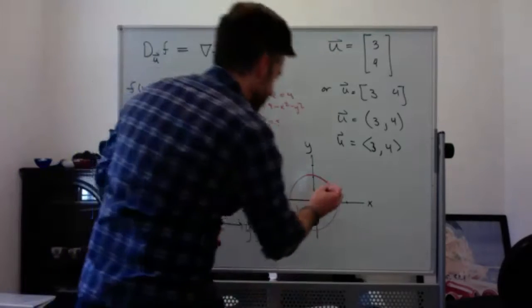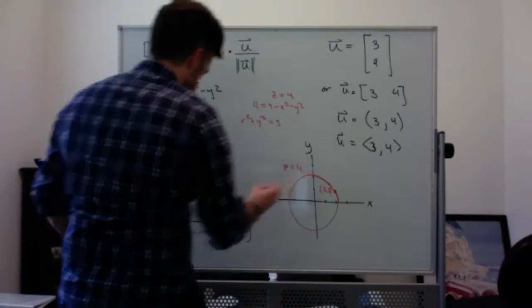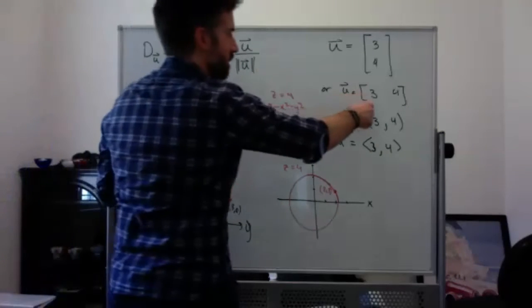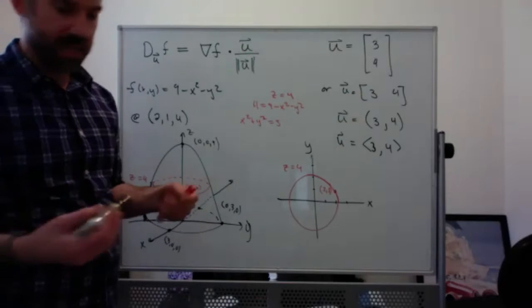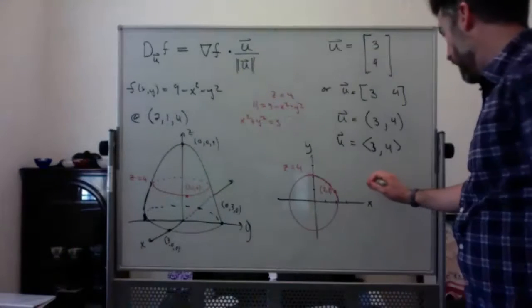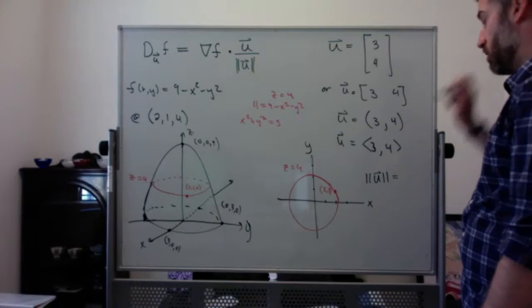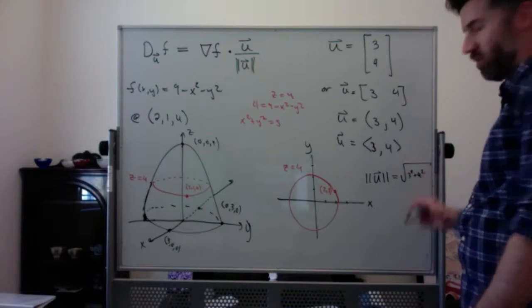Okay, so here's the idea. We're at this point, right, which is the same as this point, and we are traveling in the 3, 4 direction. Or if we normalize that or unitize that vector, the magnitude of u is just the square root of 3 squared plus 4 squared, which is just 5.